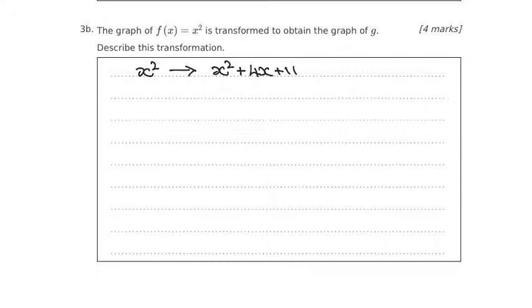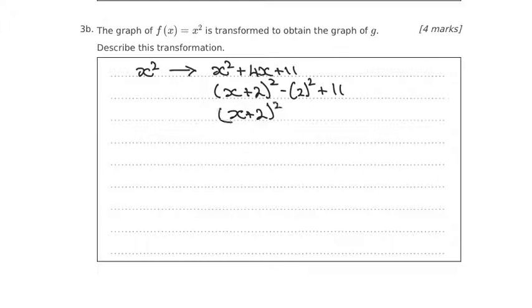In order to describe the transformation, we need to complete the square for x squared plus 4x plus 11. So there we go. Halve b, so we get x plus 2 all squared. Subtract b squared, plus 11.